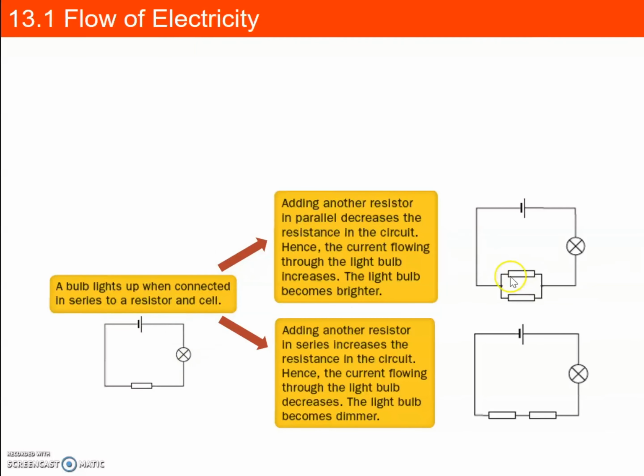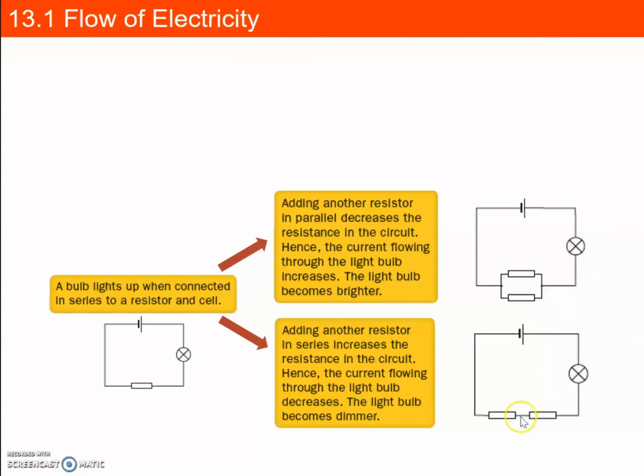Okay, next, we try to add a second resistor to the electric circuit, arranging the two resistors in parallel. And we find that in this circuit, the resistance is decreased. Hence, the current that flows through the light bulb increases and the light bulb becomes brighter.